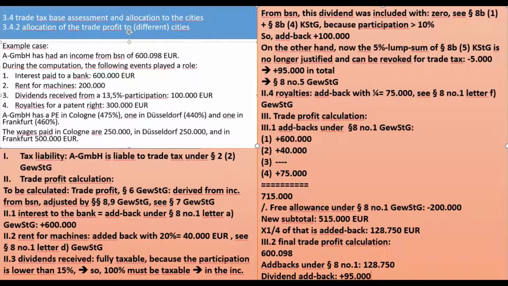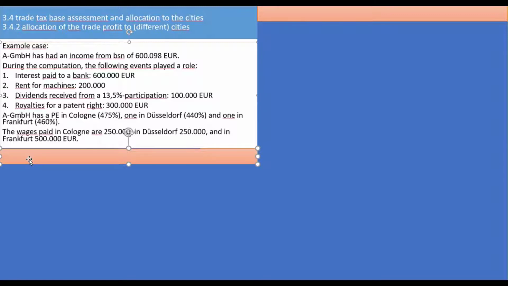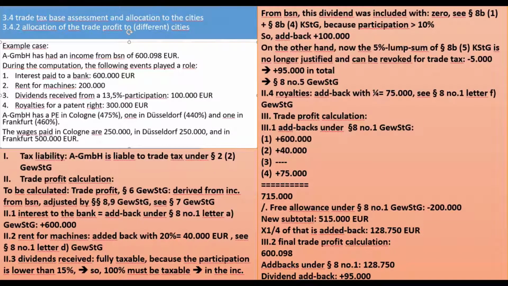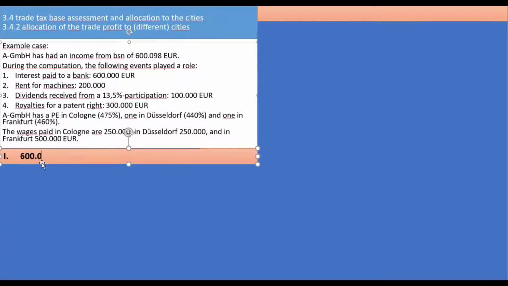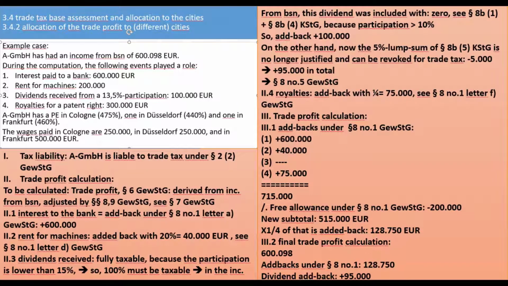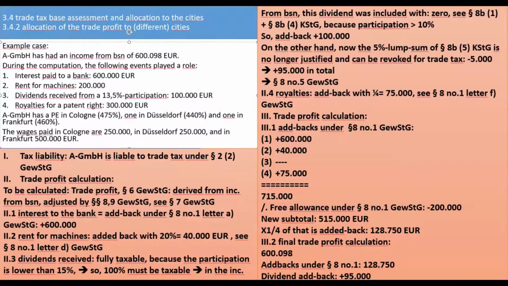To what result does that lead? Well, let's again repeat the figures. 698. By the way, without the numbers at the beginning. Then we had these 128,750, and we had these 95,000.